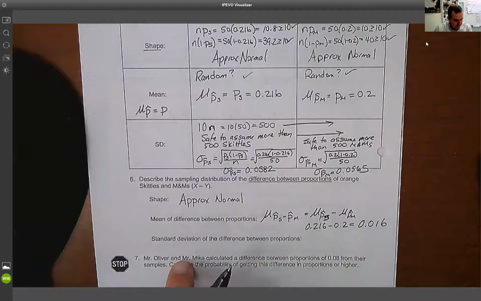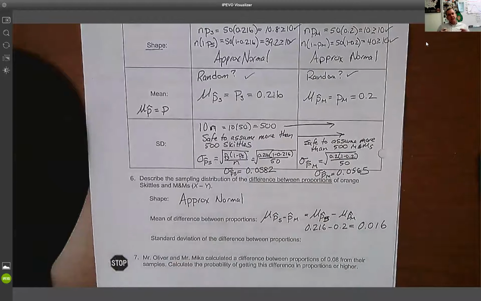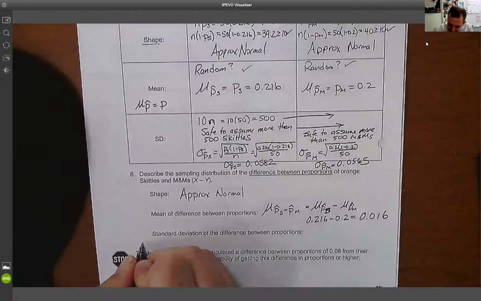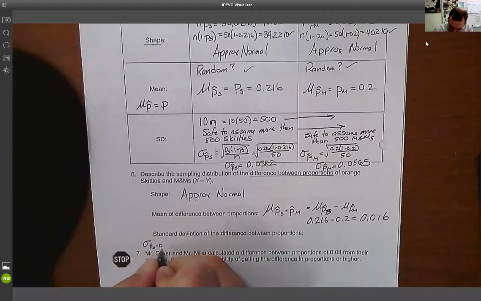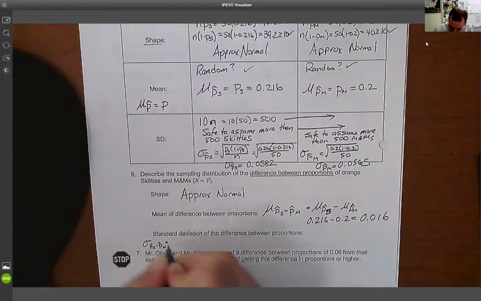And then the way I'm going to combine the standard deviation is slightly different here, because before, what I said is we take the standard deviations, turn them into variances by squaring them, and then add them together. But we're going to do something slightly different here. The standard deviation of this difference is going to take the sample sizes into account, and this is on your formula sheet.